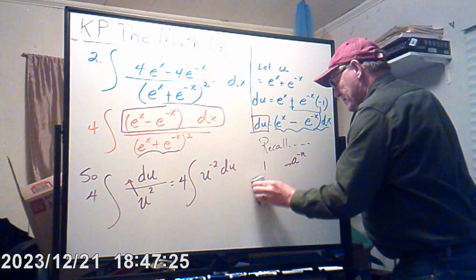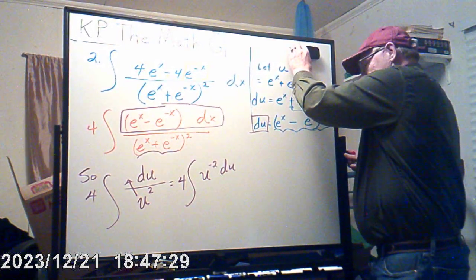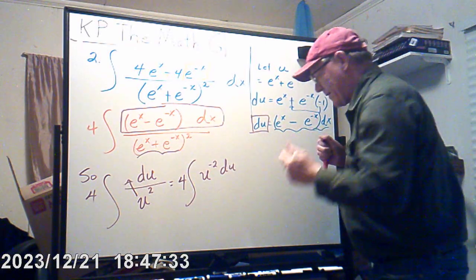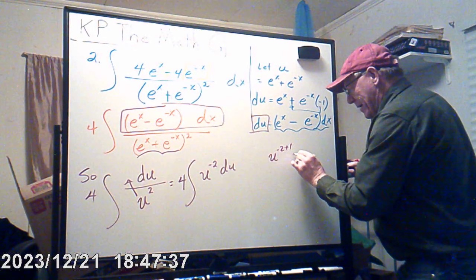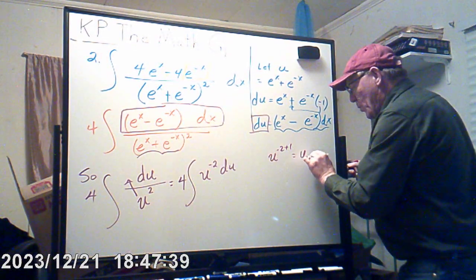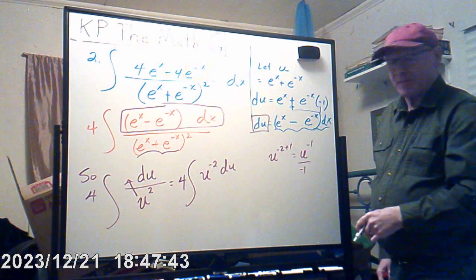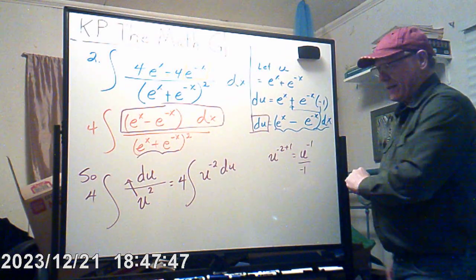Look at that. I've just brought it up. That helps things. Now remember, when I take the integral of u to the negative 2, I'm adding 1 to that, which is going to be u to the negative 1 over negative 1, like that, isn't it? Negative 2 plus 1 is negative 1.